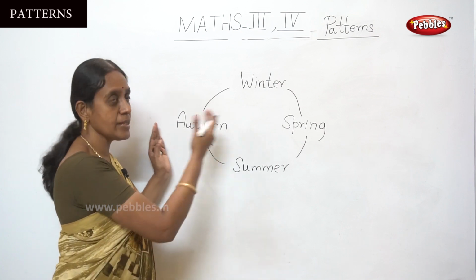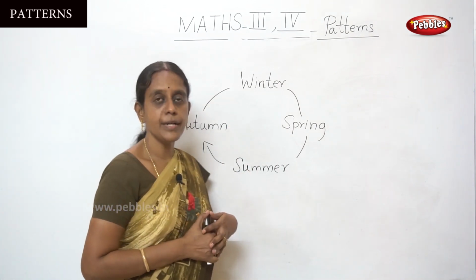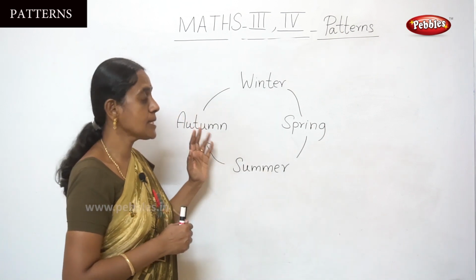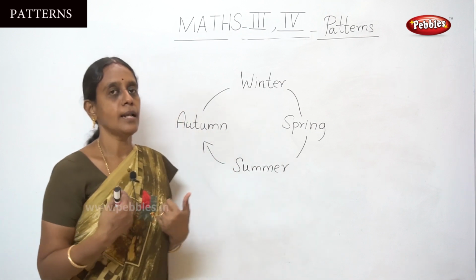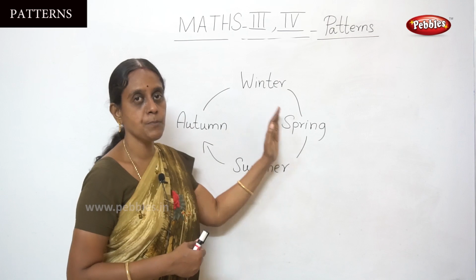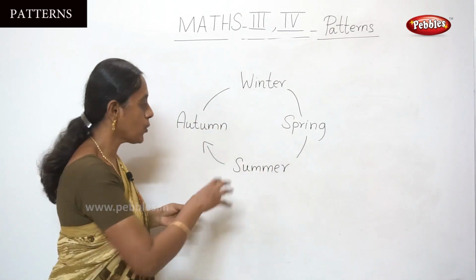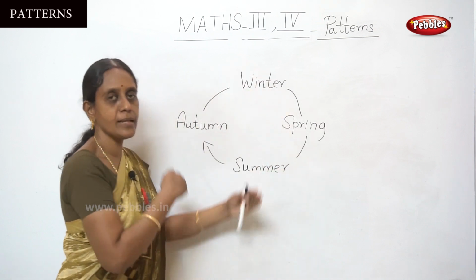So this is a nature pattern. It surrounds our regular life, summer, autumn, winter and spring season, because each one is automatically followed by the next again and again.